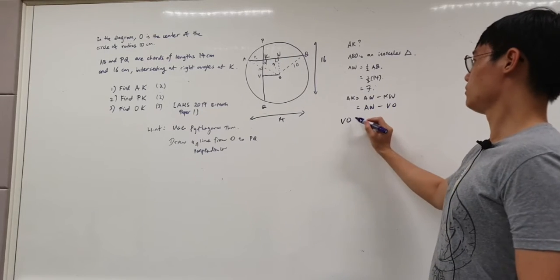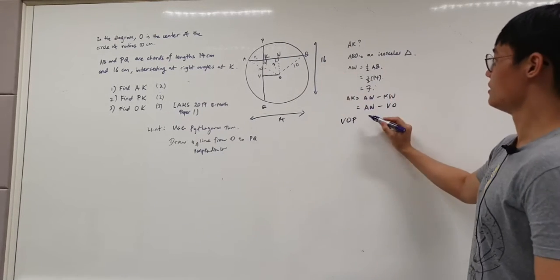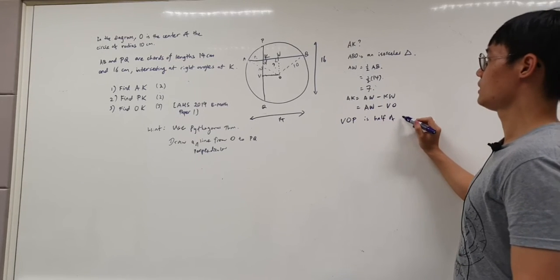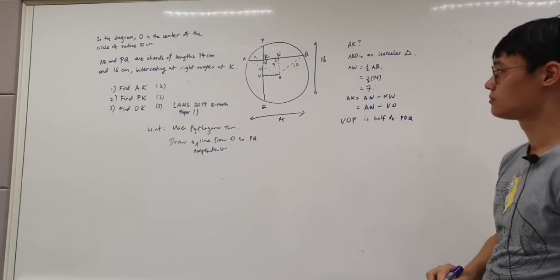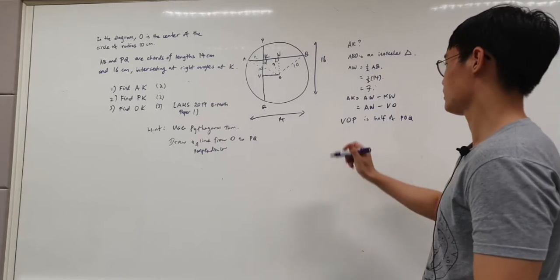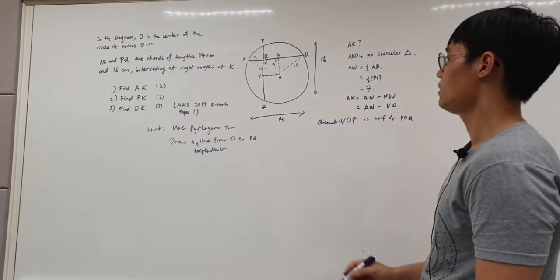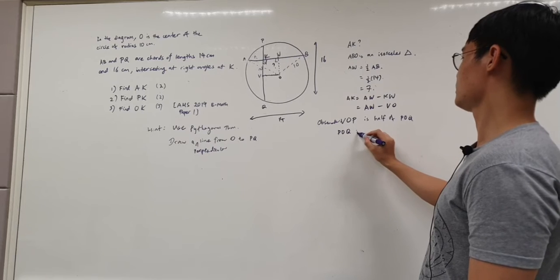So VOP is half of POQ. This is the observation, meaning that POQ is an isosceles triangle.